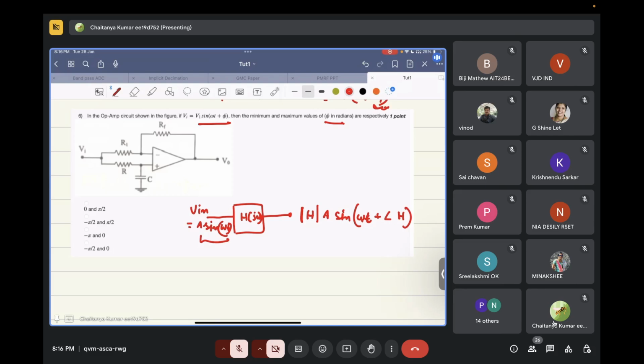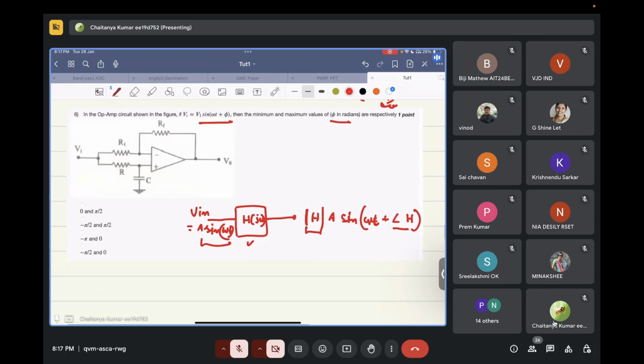If A sine omega t is given as the input, your output will be the magnitude of the transfer function times A sine omega t plus the phase shift that this thing gives. So this transfer function we need to find from input to output, and then we can tell what will be our maximum and minimum phases.